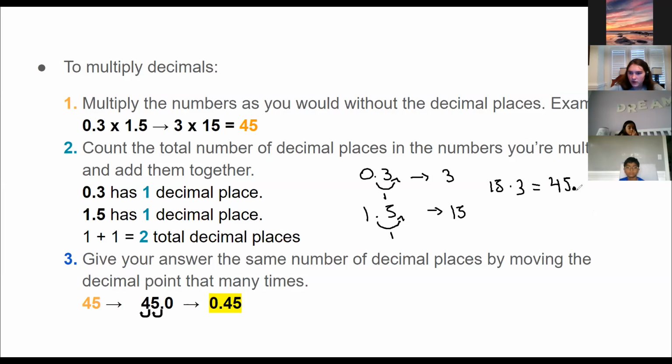And we're adding back those decimal places before. So 1, 2, we're putting that there. So the answer is 0.45. Does that make sense? Yeah. Okay, good. 0.45. 0 and 45. Yeah, 0.45. That's right.